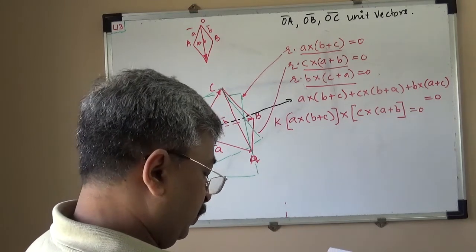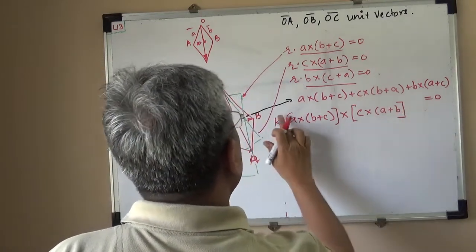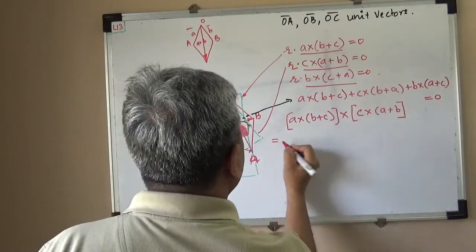R is equal to, not equal to 0. I mean, this is the vector. Let us find out the vector first. What is this vector?